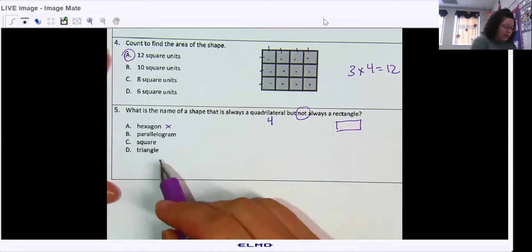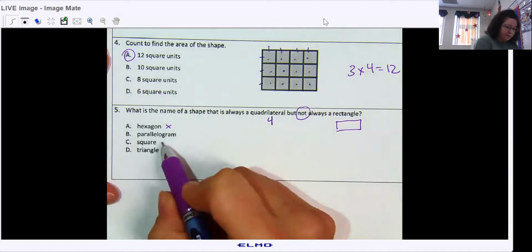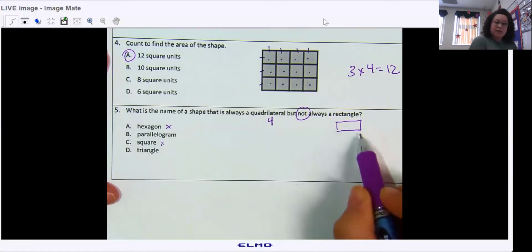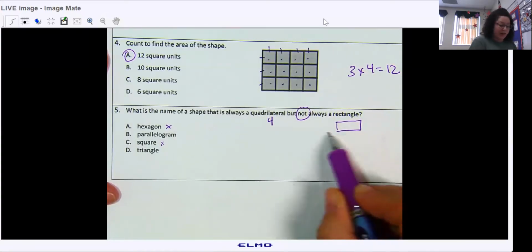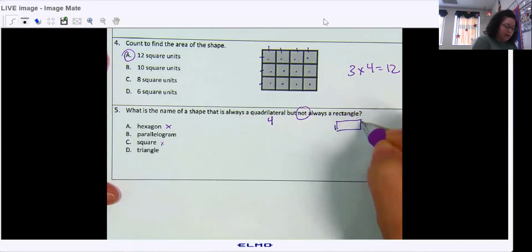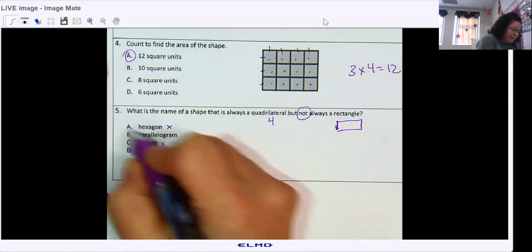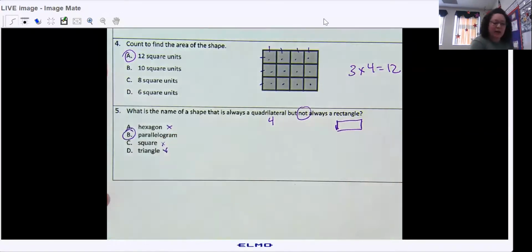A square. No, a square is not always a rectangle, because a rectangle could have opposite sides that are different lengths, right? Because these are shorter than these. A square is always the same. A triangle. No, a triangle has 3 sides. Parallelogram is our winner.